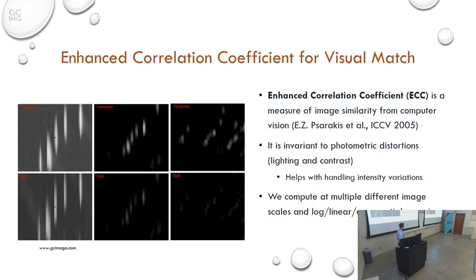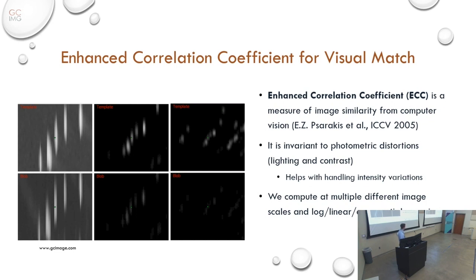So specifically, we are using the enhanced correlation coefficient, which is a measurement of image similarity from the field of computer vision. It has the nice property of being invariant to photometric distortions, such as lighting and contrast in the context of natural images. But in our context, that helps us handle the intensity variations that will occur.